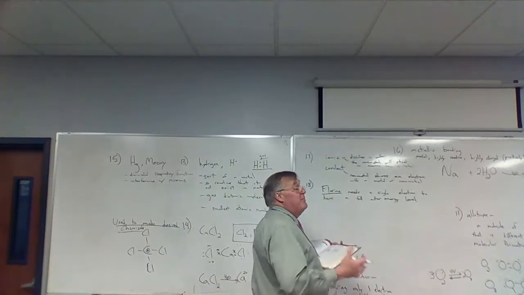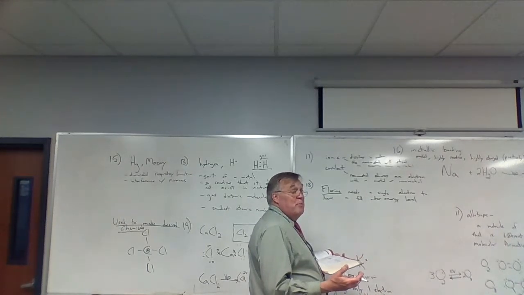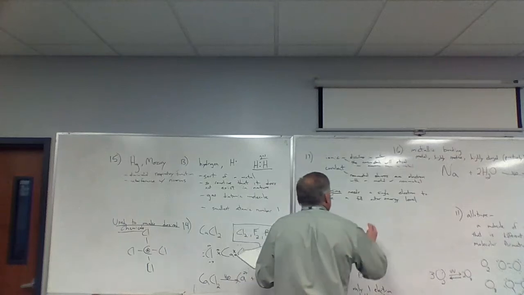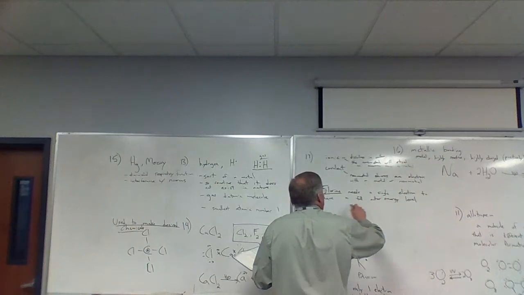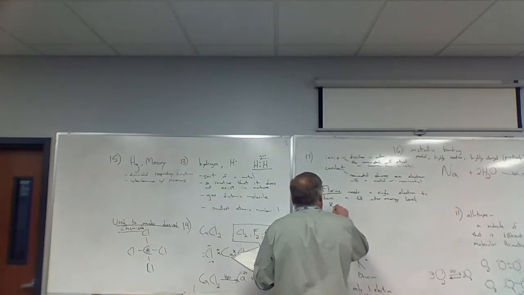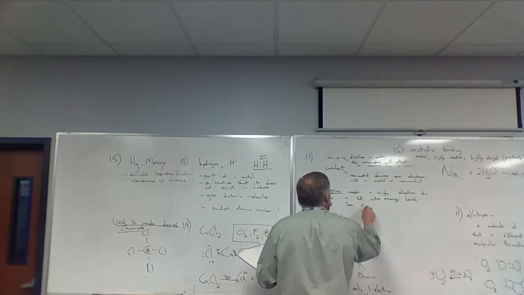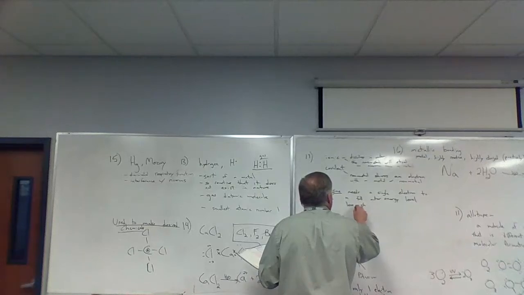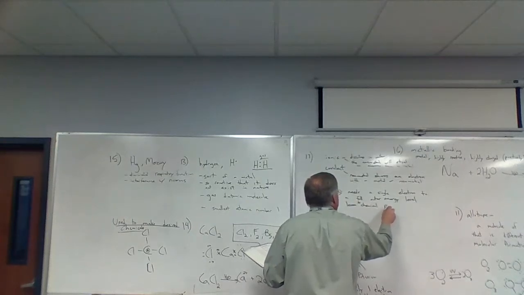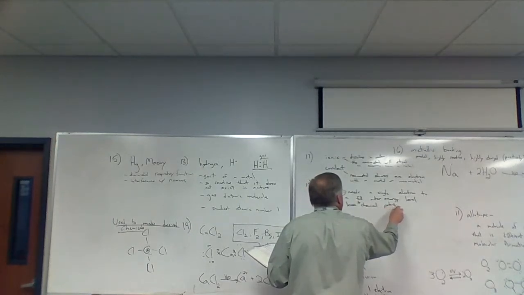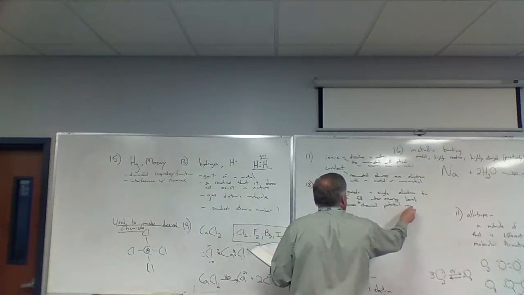It's much simpler for it to exist because of the full electron cloud. Okay? So fluorine needs a single electron to have a full outer energy level and lessen its chemical potential energy. Okay? That's why it's reactive.